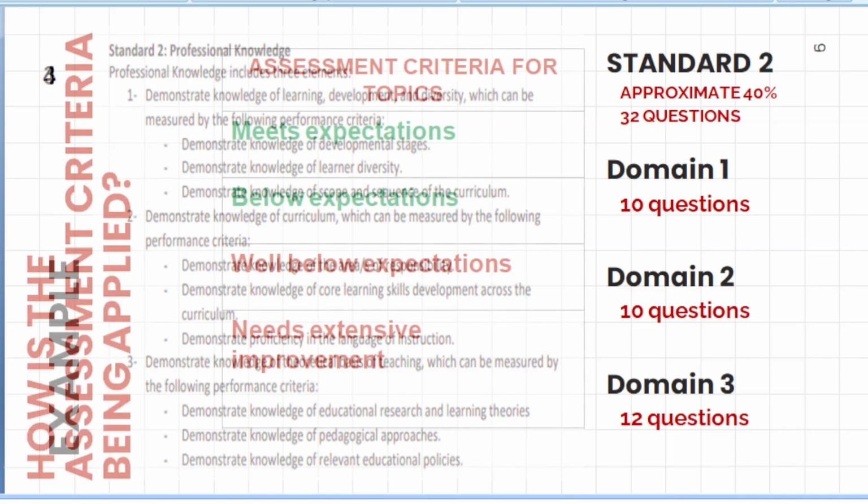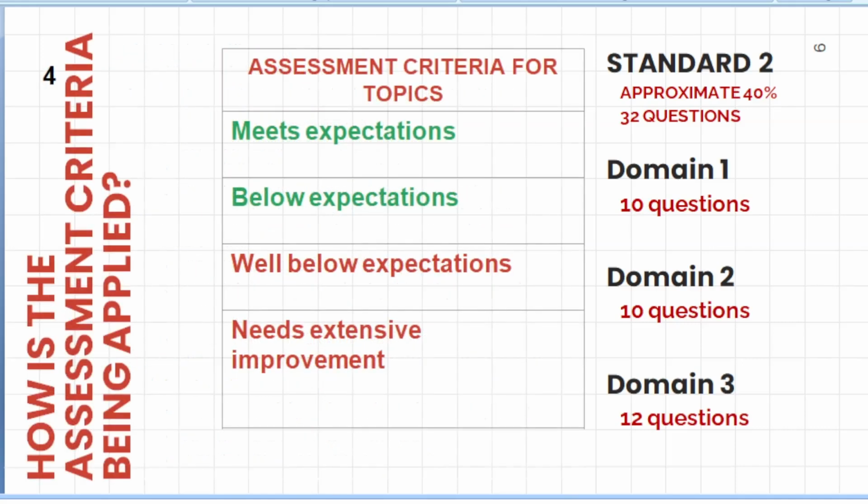Let's see further. This means that you have to meet each criteria. That means in domain 1, you have to meet expectations. Domain 2, you have to meet expectations.